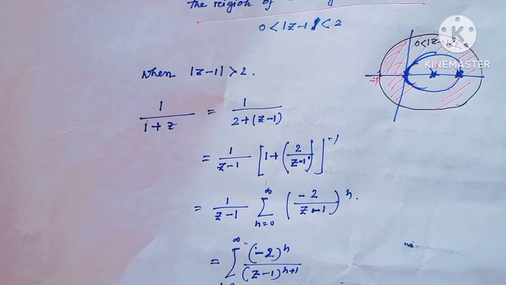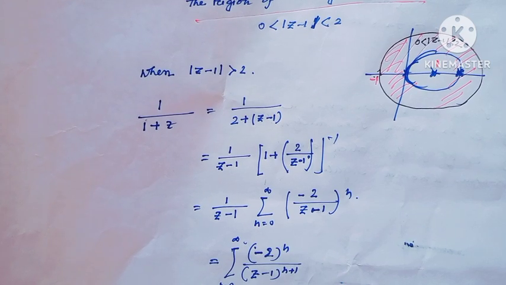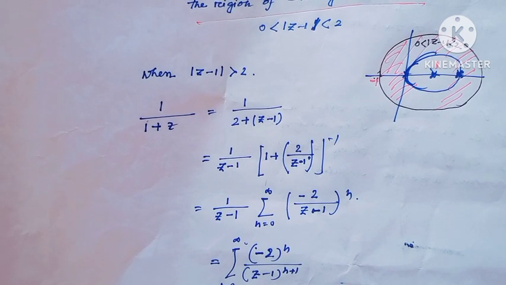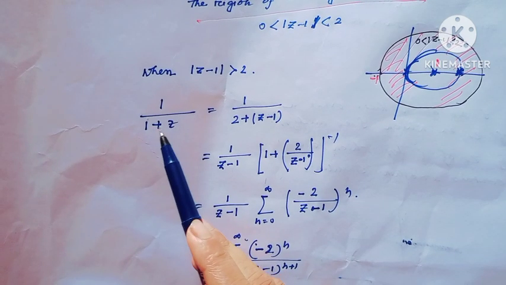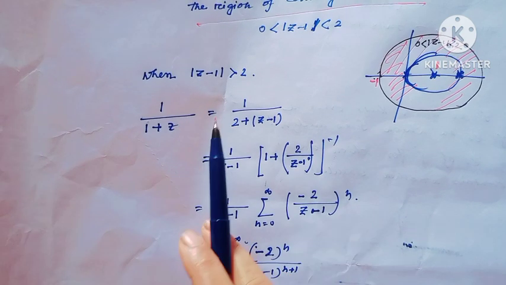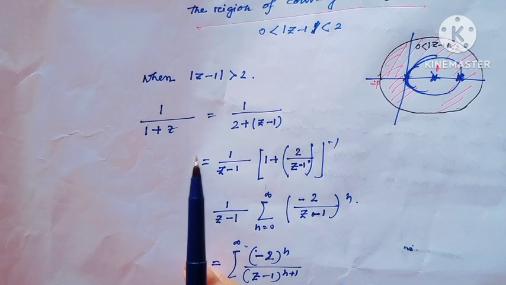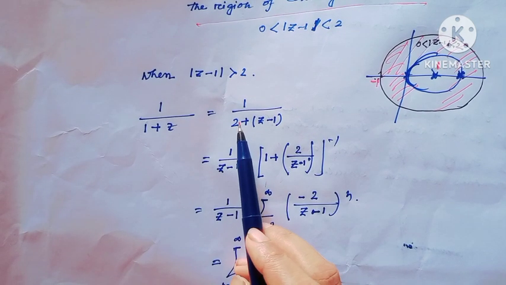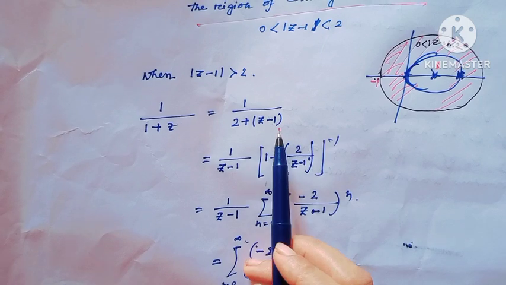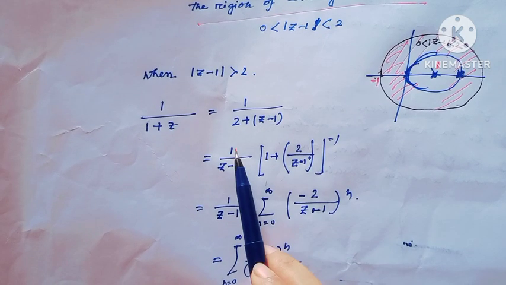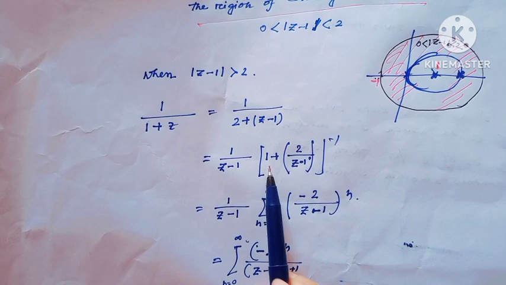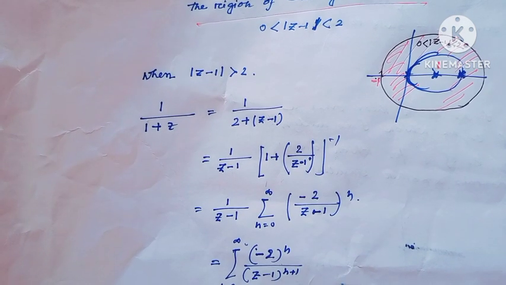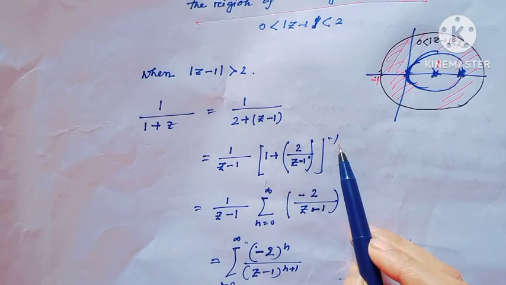I have told you I can define the Laurent series in different regions. When modulus of z minus 1 is greater than 2, then we can write 1 upon 1 plus z. Since we have to find the Laurent series with center z equal to 1, we write 1 plus z as 2 plus (z minus 1), so this is equal to 1 upon z minus 1 times 1 plus 2 over (z minus 1) to the power minus 1.